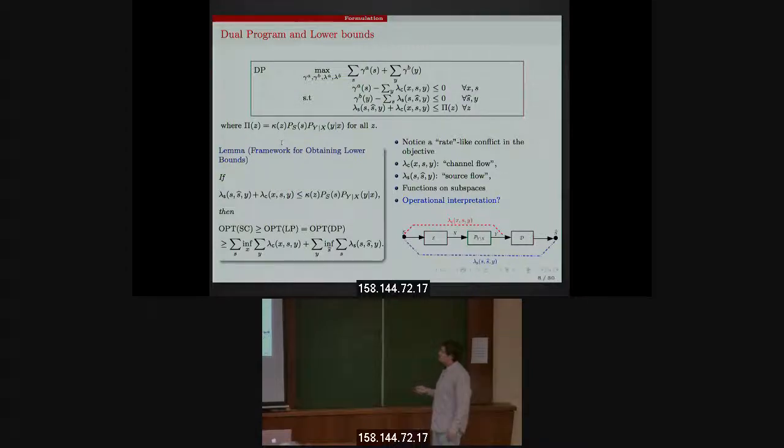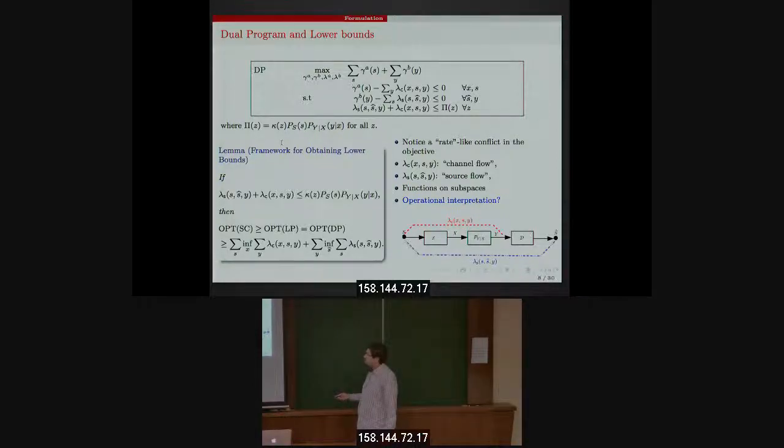Now, you can further simplify this dual by getting rid of gamma A and gamma B, making sure these hold with equality, and then what you get is a simple framework for obtaining a lower bound. So what we need to do is construct functions lambda s and lambda c that satisfy this inequality.